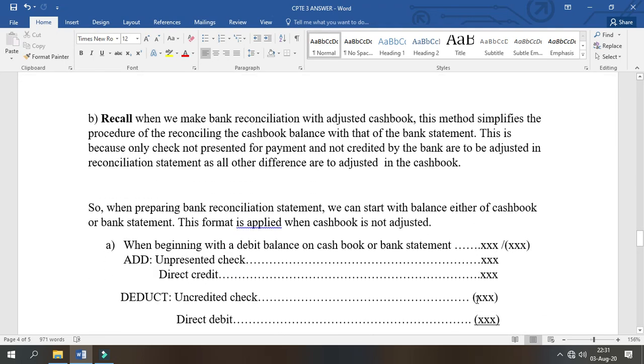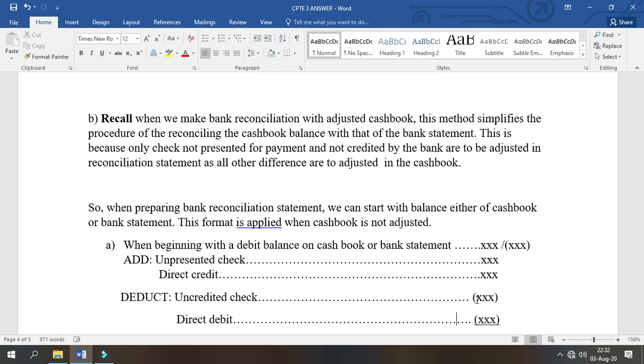So when beginning with a debit balance on the cash book or bank statement, when we are going to make a bank reconciliation statement, you start with the debit balance of a cash book or bank statement, then add unpresented cheques and add direct credit as I explained above, and deduct uncredited cheques and deduct direct debit.